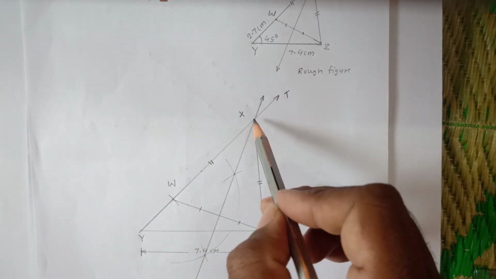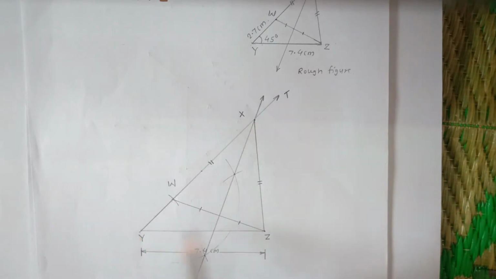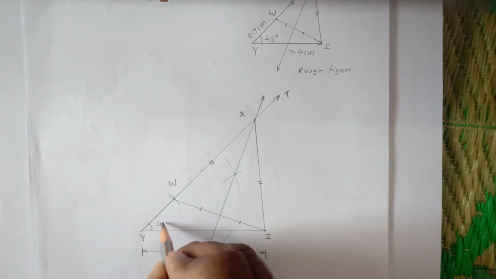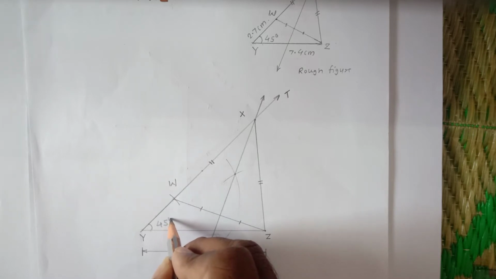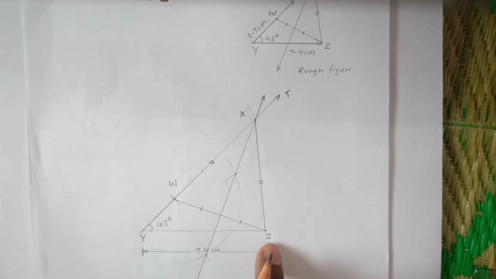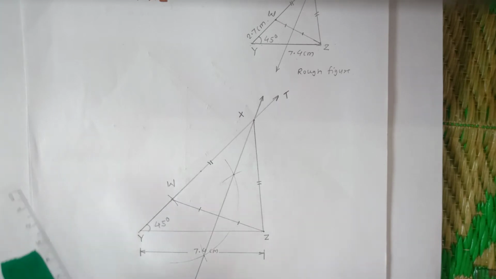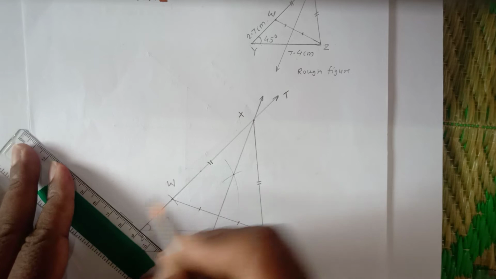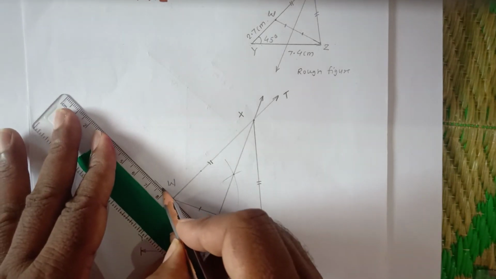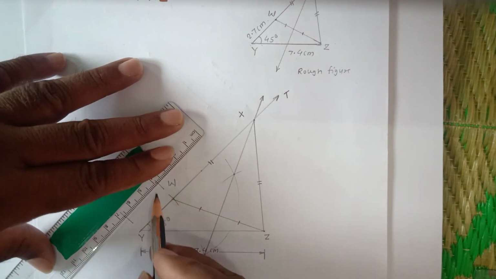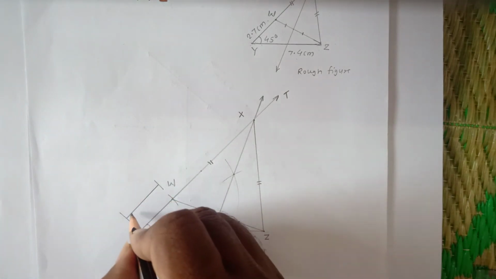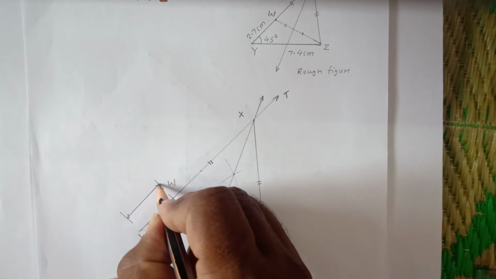Now XYZ is the required triangle. In this triangle, this angle Y is 45 degree, YZ is 7.4 centimeter, and their difference YW is 2.7 centimeter.